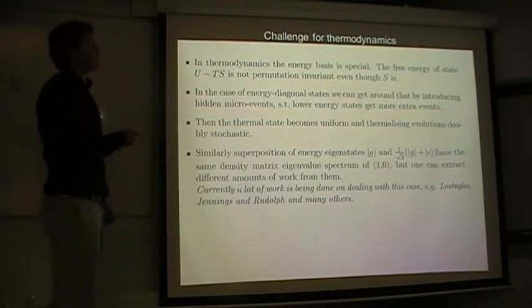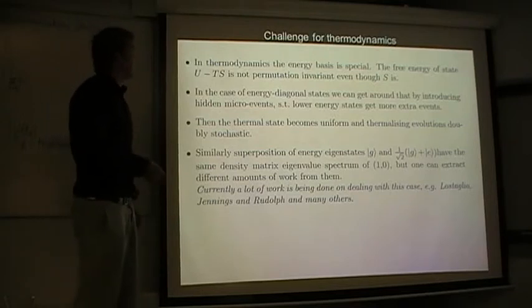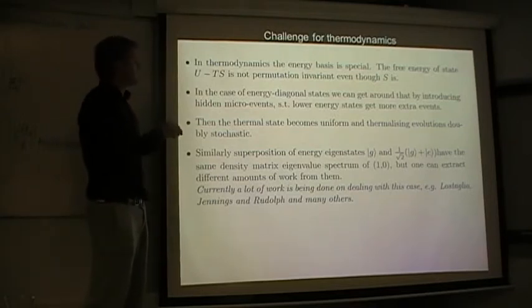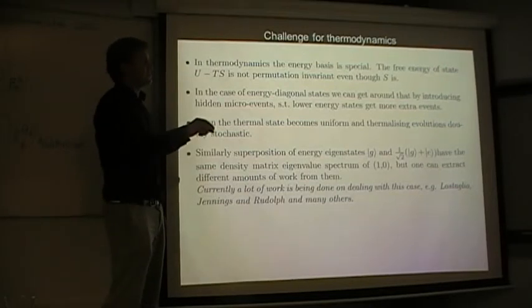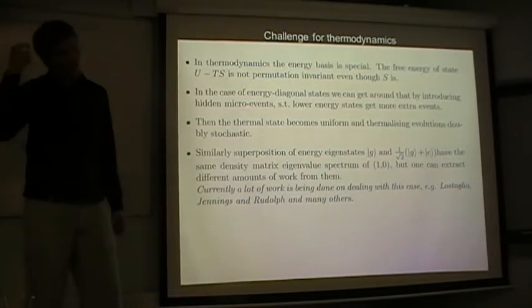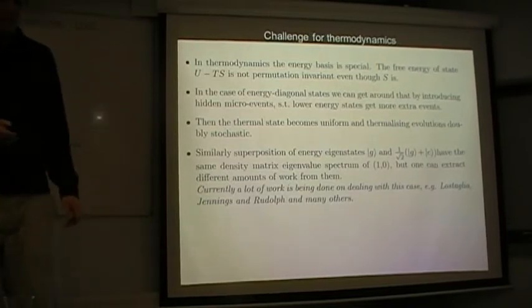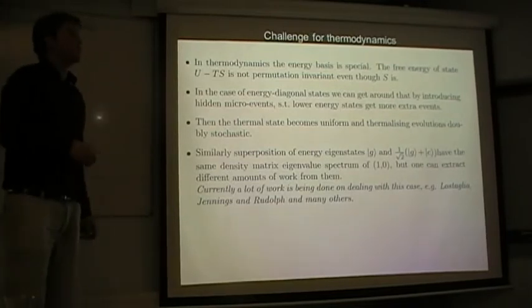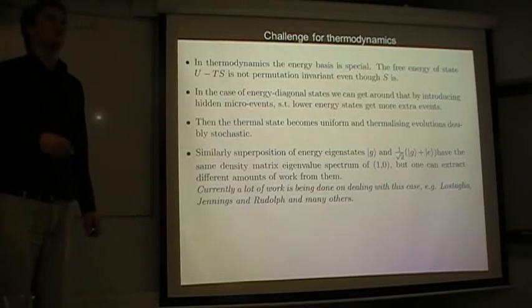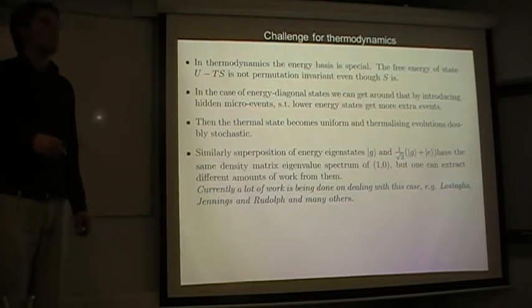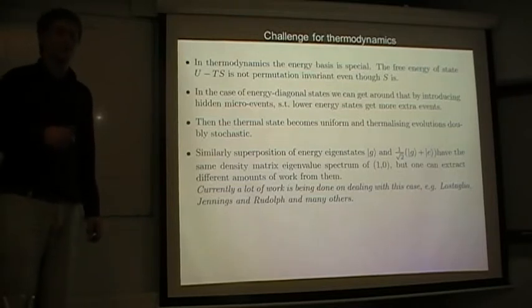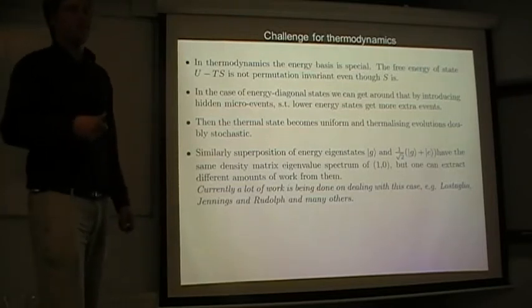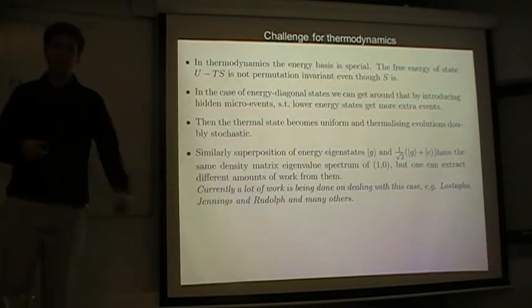There's actually a nice trick for getting around that, which is that you can introduce hidden micro-events such that lower energy states get more extra events. This is a mathematical trick, the way I think about it. It's kind of the equivalent of, say the World Bank comes to your country and says, you have really bad inequality, your Lorenz curve is really dipping like that.